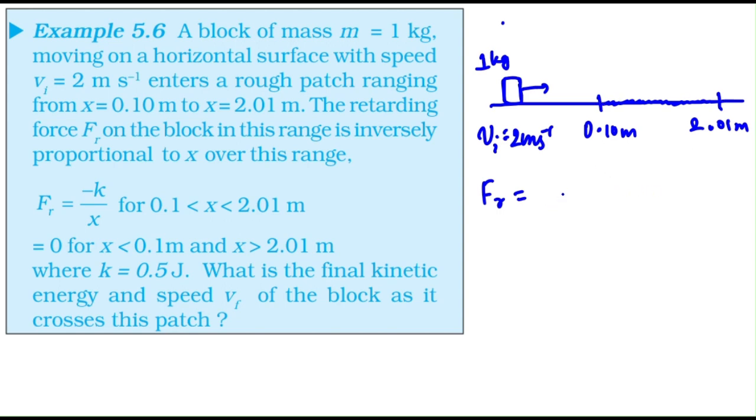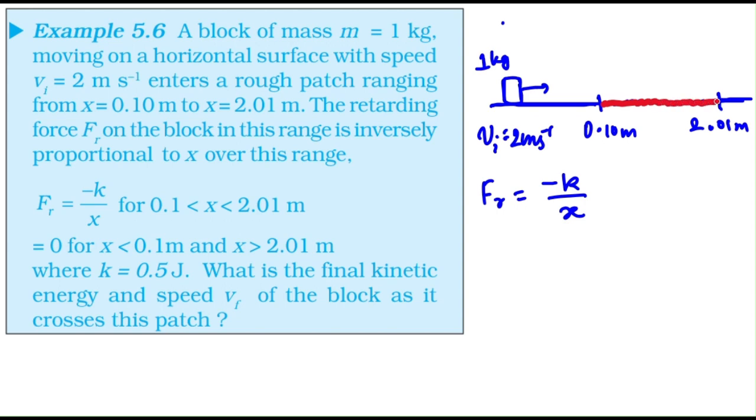Now this is given as minus k by x for this range, and this friction is 0 elsewhere. So this block is not experiencing any friction in this region, and of course in this region. I am just indicating the rough region with this red mark.